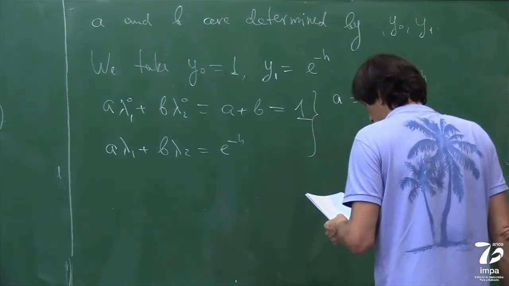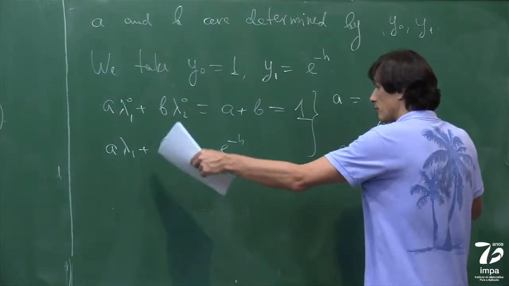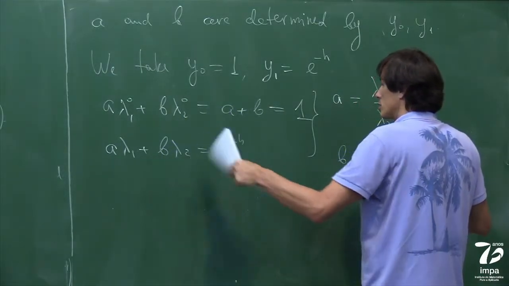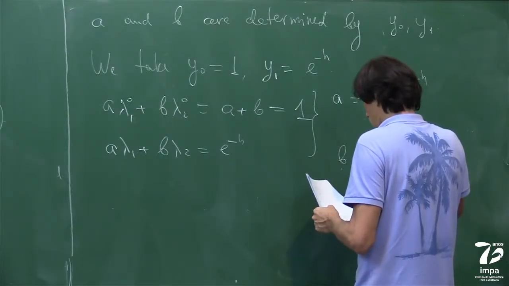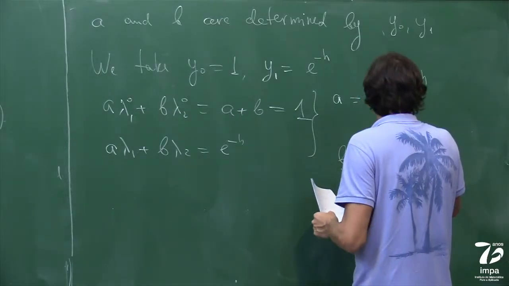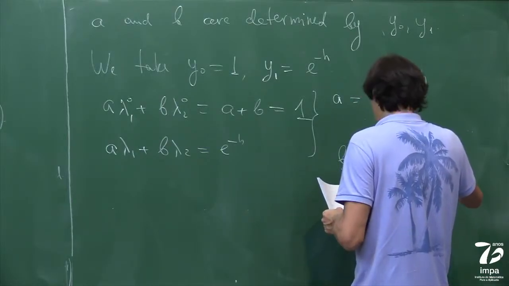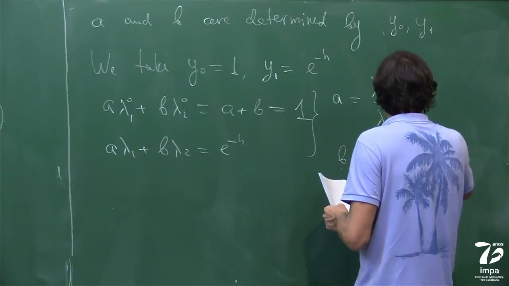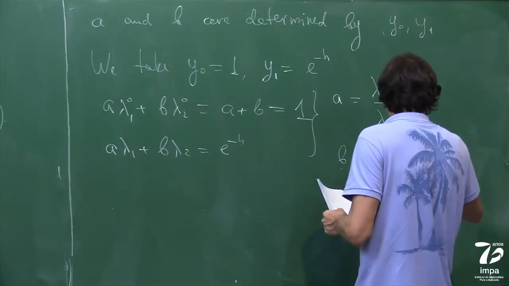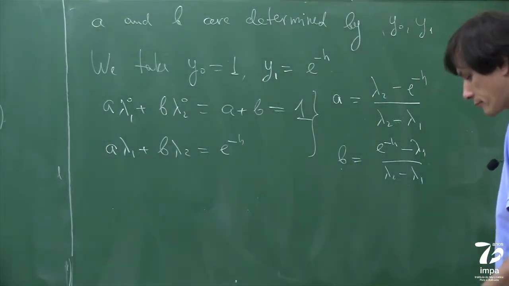So this is A, and B is just the same way. So you multiply this by lambda 1 and subtract. This will be the same thing, but inversed. So this is minus. Okay, so we have A and B.